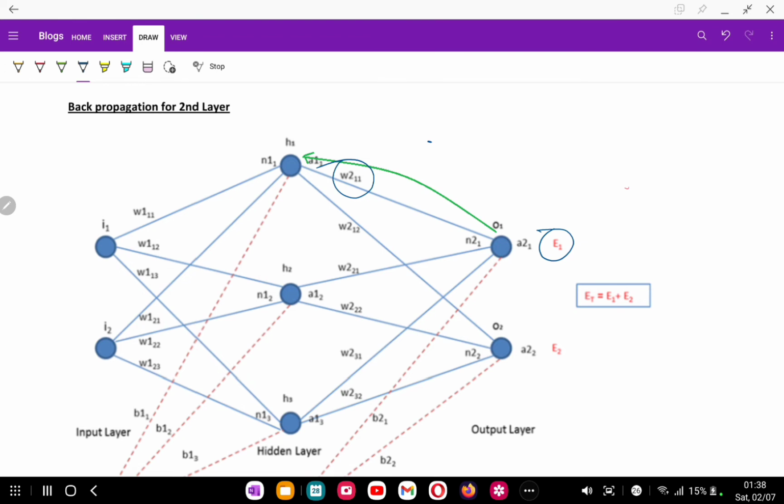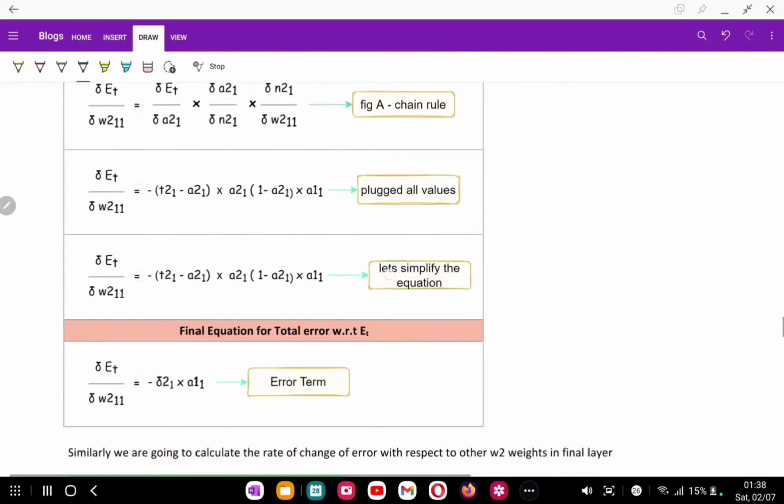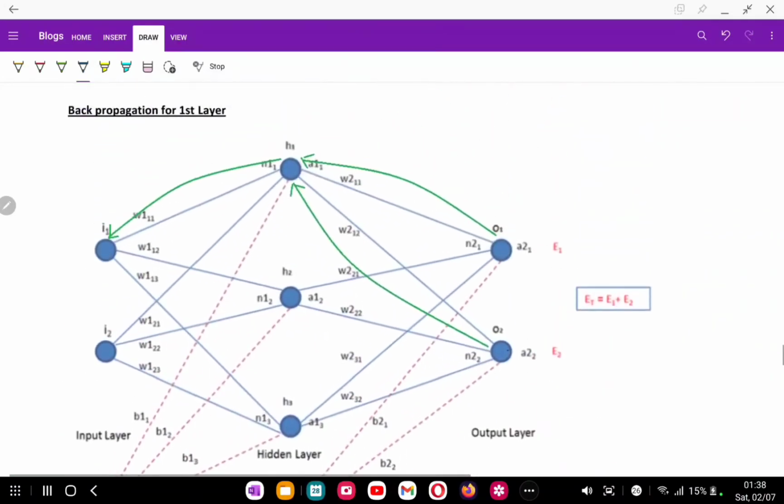So it means E2 has no effect on W211 when calculating backward pass, because the W211 is only contributing towards error 1, right? But that's not true for this.